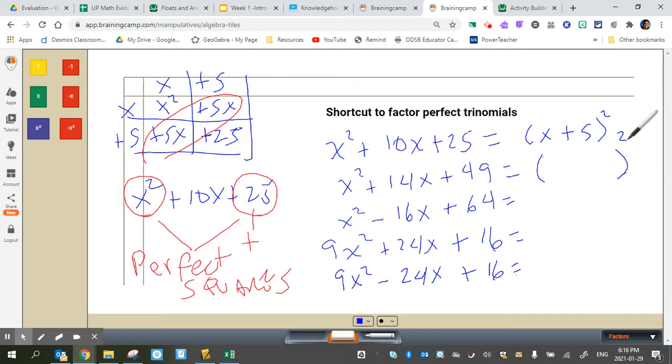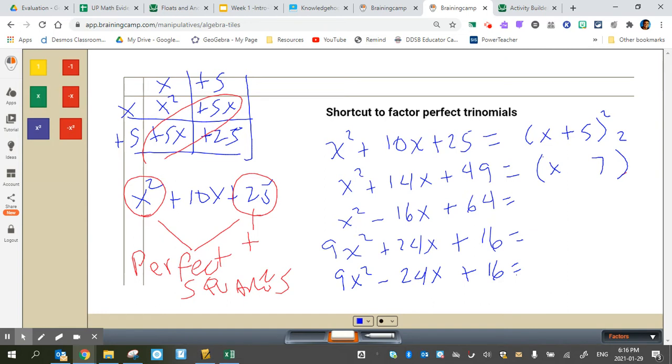Find the square root of the first term, which is x squared, and the square root of the last term of my trinomial, which in this case is 7. And then I need to just check one more thing. I need to check two things. Sorry, I put x squared and that's not x squared, just x, excuse me. The square root of x squared is x.